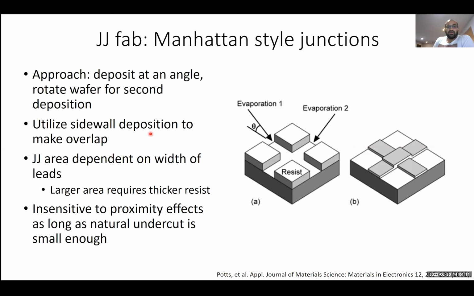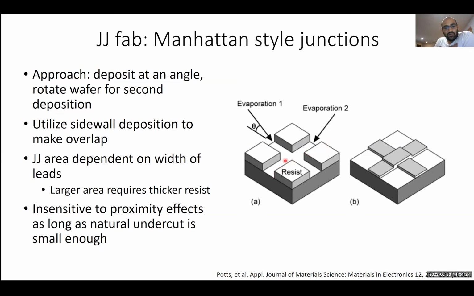And here again, you're using deposition on the sidewall to make an overlap. So in evaporation 1 right here, you coat this region with metal, but in this region, you actually deposit along the sidewall of this resist.